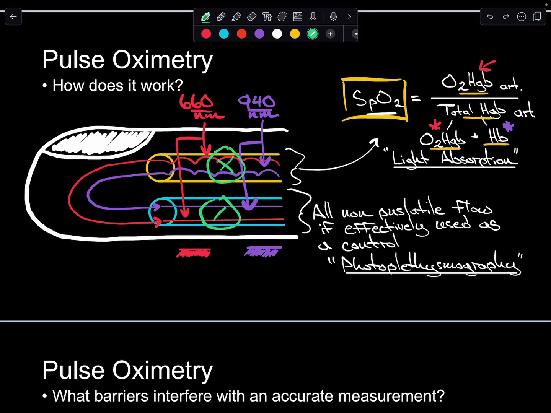And why that's important for pulse oximetry is because when we're talking about the percent of oxygenated hemoglobin, we really only care what that is in the arterial system. That's what we're talking about. So when it calculates this, it's able to isolate the pulsating blood in the arterial system, and then control for the non-pulsating blood in the venous system. That way you know that your SpO2, maybe commonly 95%, is the percent of oxygenated blood in your arterial system.